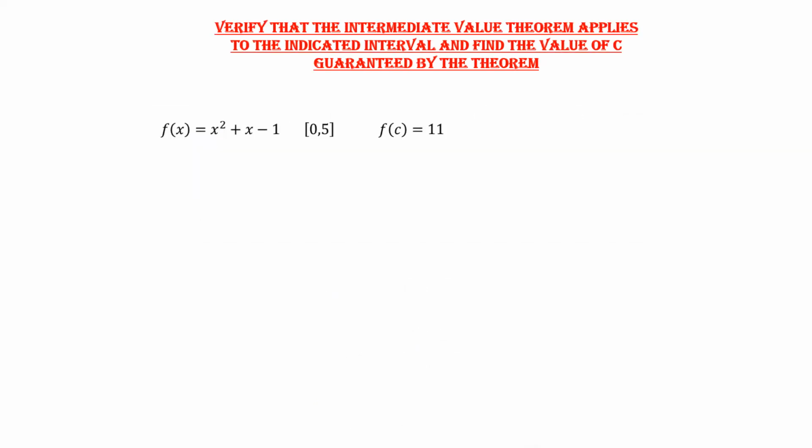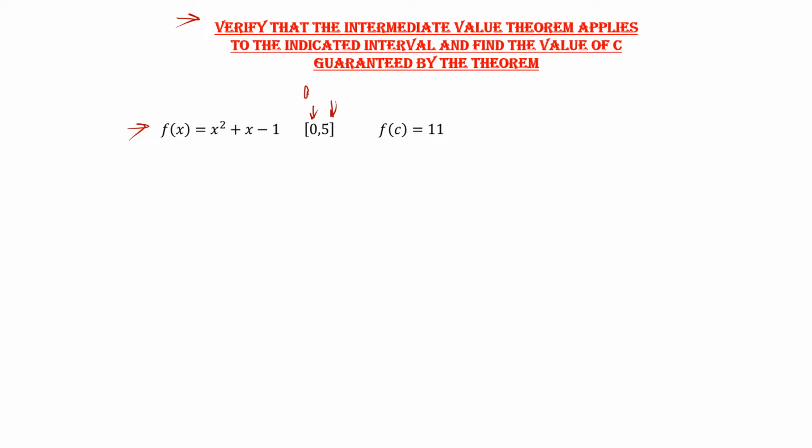So let's take an example. What you have to do: verify that the IVT applies to the indicated interval and find the value of c guaranteed by the theorem. So the question is f(x) equals x squared plus x minus 1. Here it is lying on the closed interval 0 to 5.